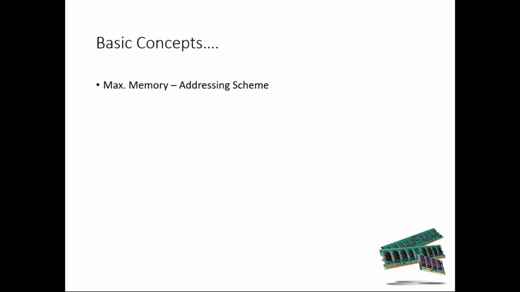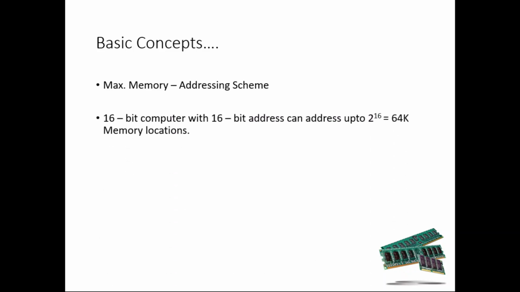Some of these you might know already, but this is a kind of reinforcement or refreshment. The maximum memory that can be addressed by a typical computer is decided by its addressing scheme.